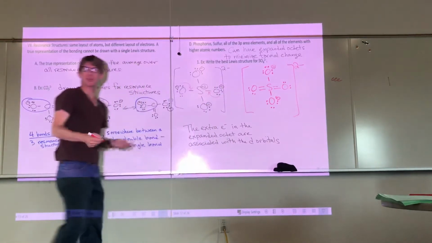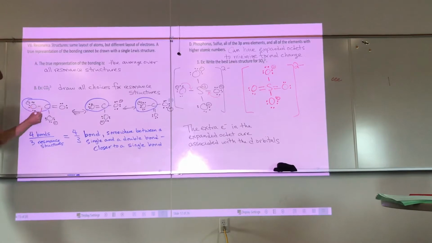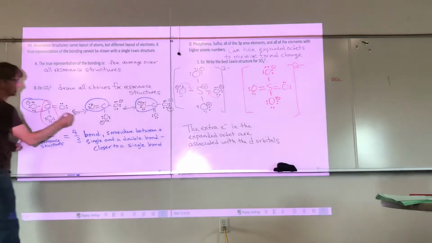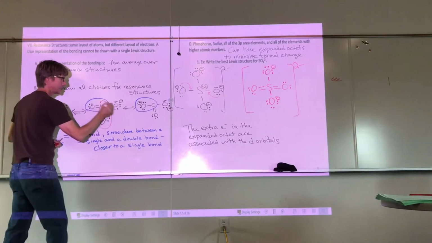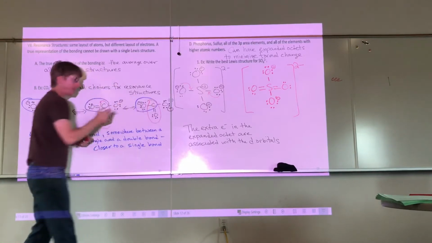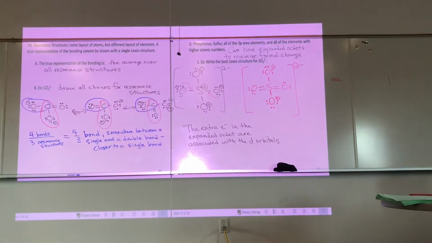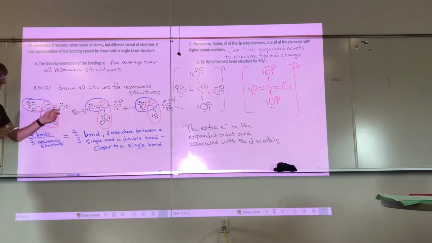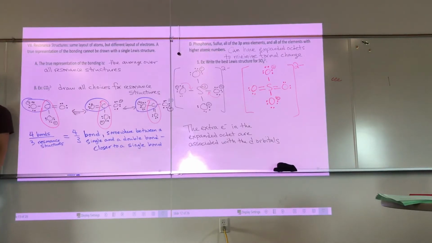Now let's do the same thing for another one here. In red. How many bonds did I just circle in red? 4 bonds over 3 resonance structures. That one is also a 4/3 bond. And if I did the other one, it would be the same: 4 bonds, 3 resonance structures, 4/3 bond.